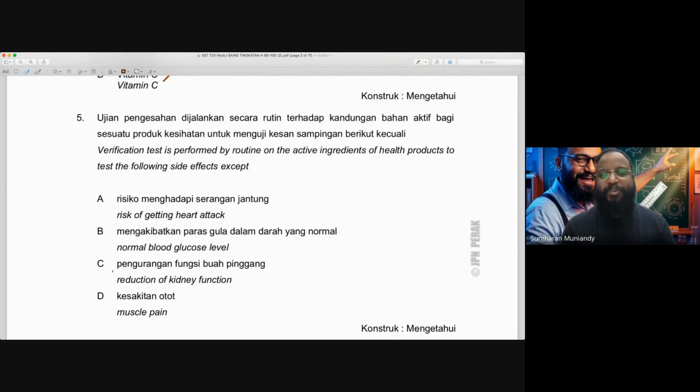Verification test is performed by routine on active ingredients of health products to test the following side effects except risk of getting a heart attack.